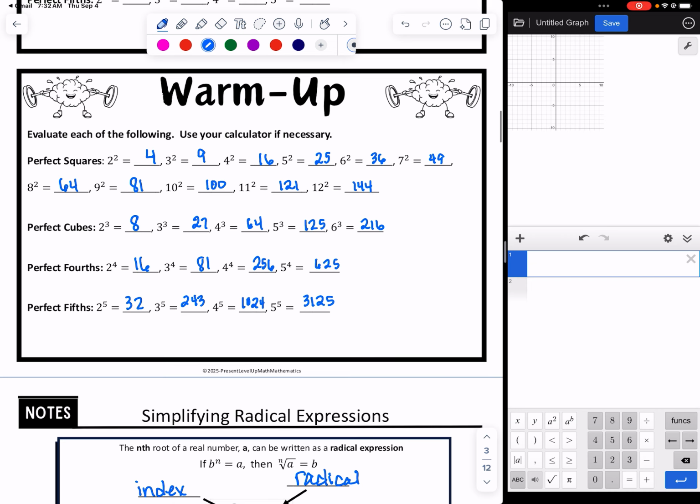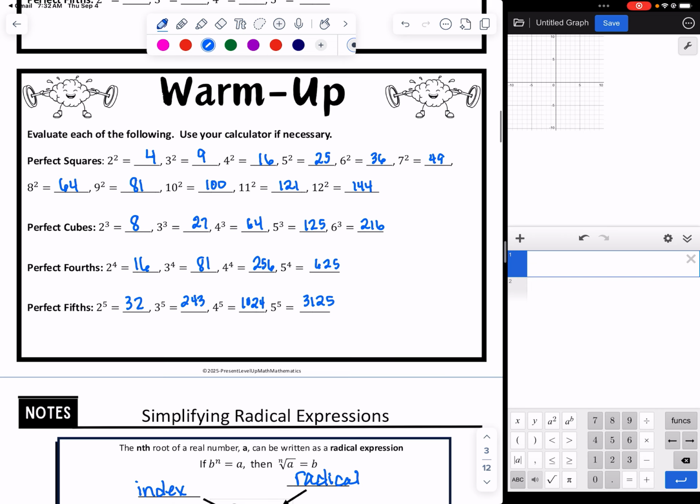So I'm going to use square root 25 to simplify square root 75. So square root 25 and square root 3, because 25 times 3 gives me 75. And then square root 25 is 5, so the answer is 5 square root 3.